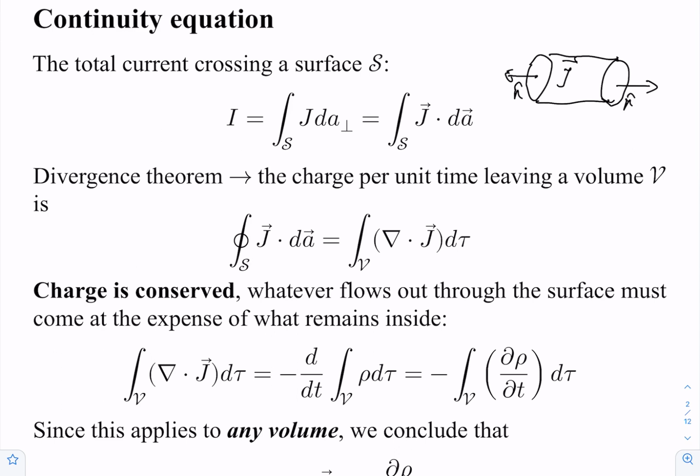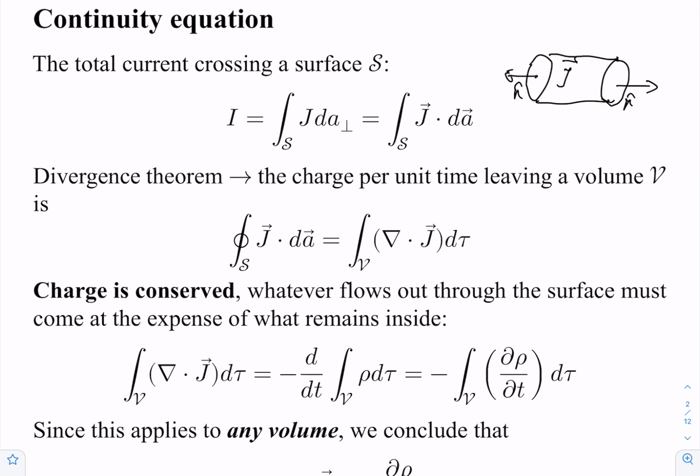Because charge is a conserved quantity, the charge that flows out of this surface must be compensated by the total charge leaving this volume.